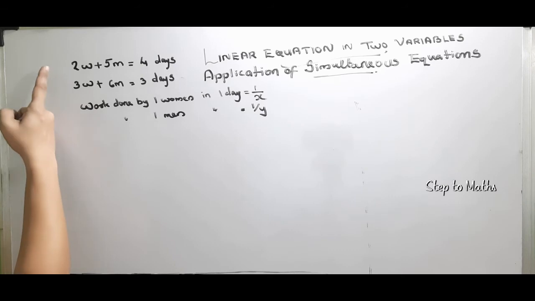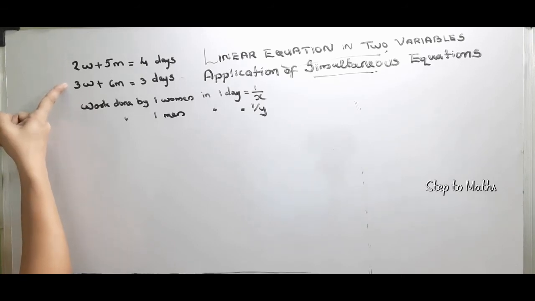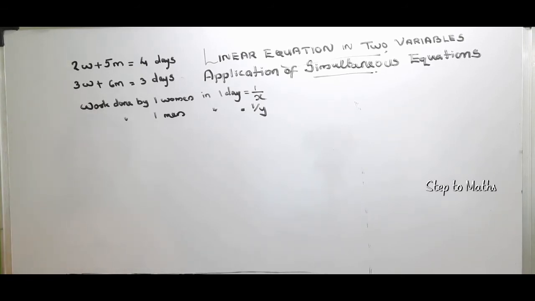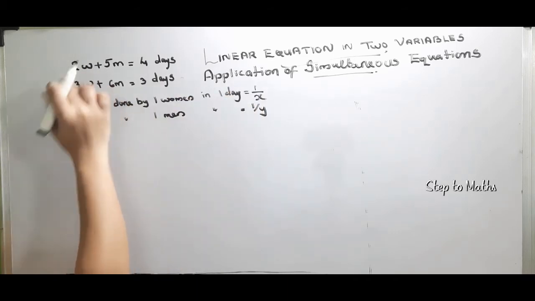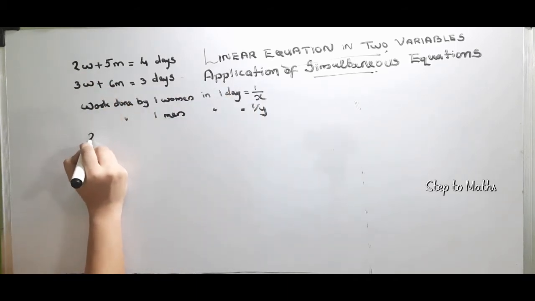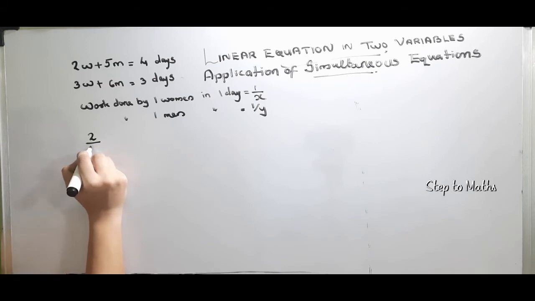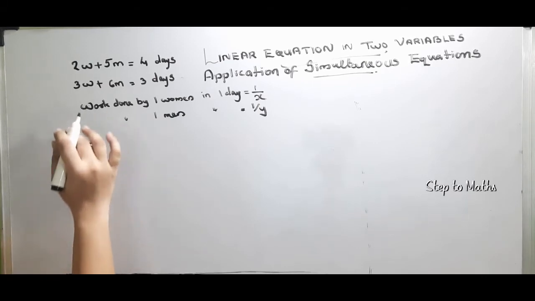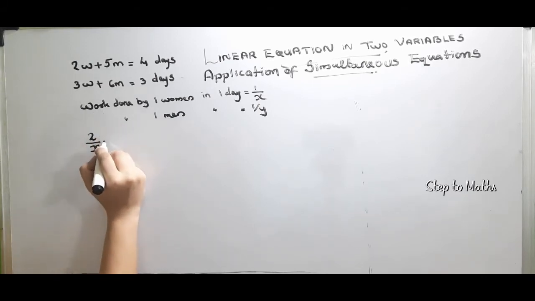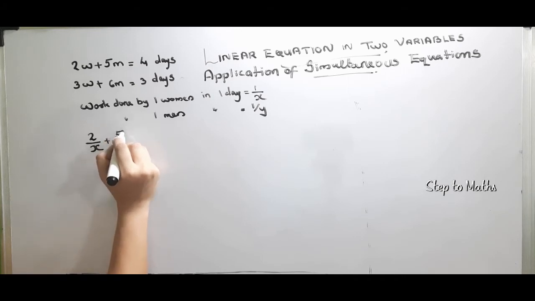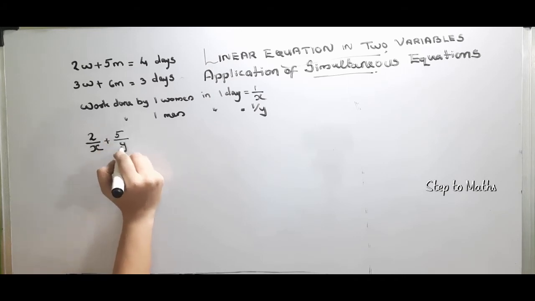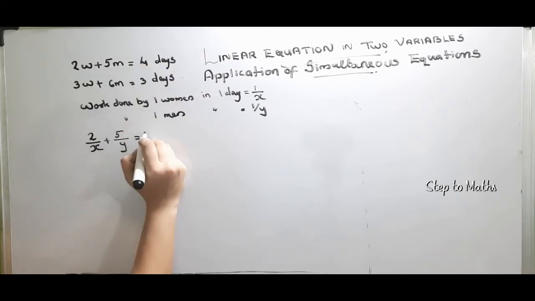Then how can we rewrite our given equation? Two women and five men can do the work in 1 day is 1 by 4.